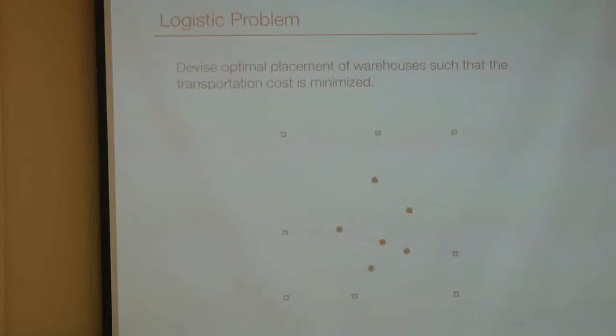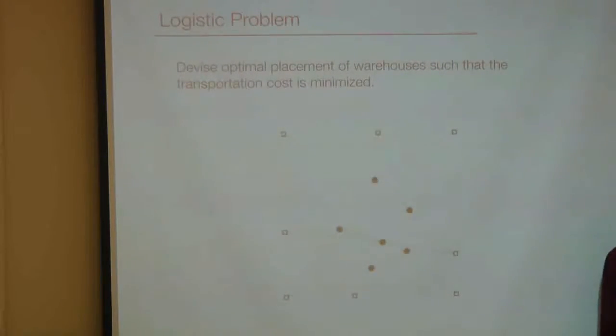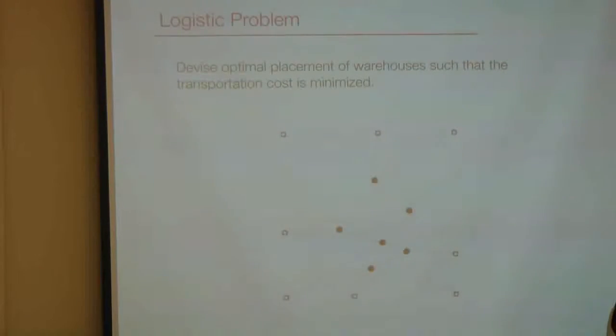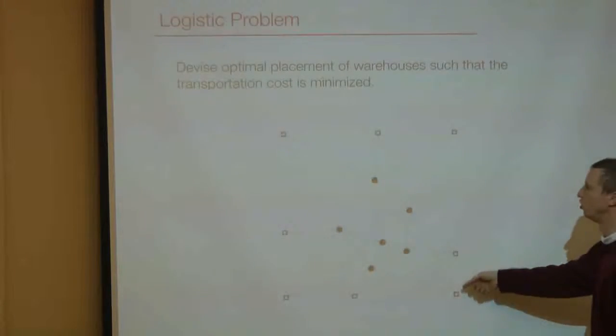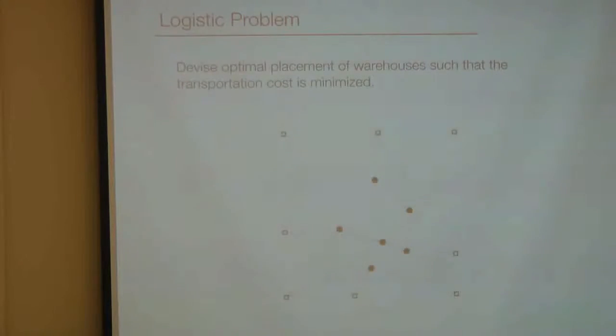So the empty squares here are the customers that your company has to serve, and you are thinking where to put these warehouses such that you minimize the transportation cost and you make sure that each customer is served with the food or materials that he has ordered from the warehouses. So the optimization here decides where should be those warehouses situated such that some equality and inequality constraints are satisfied.